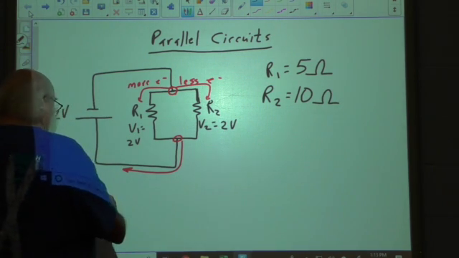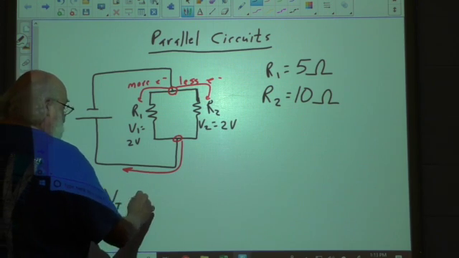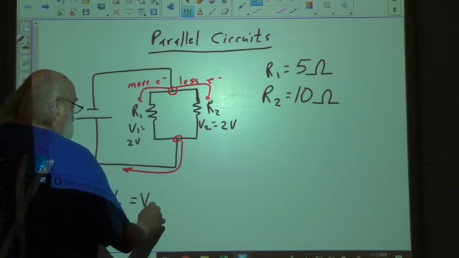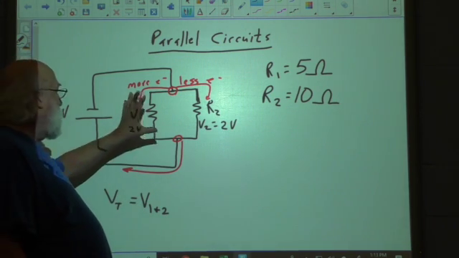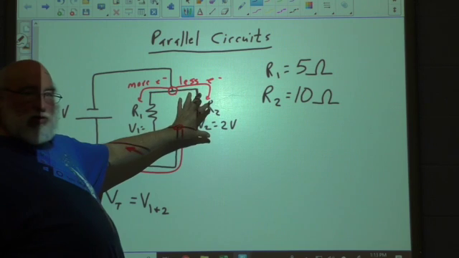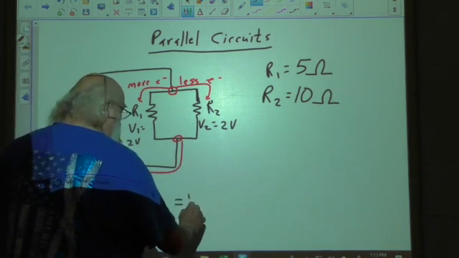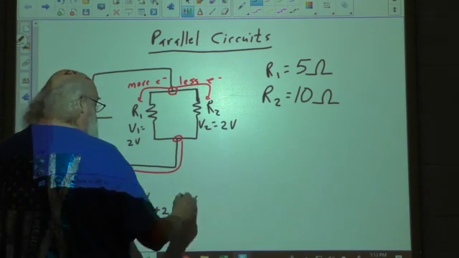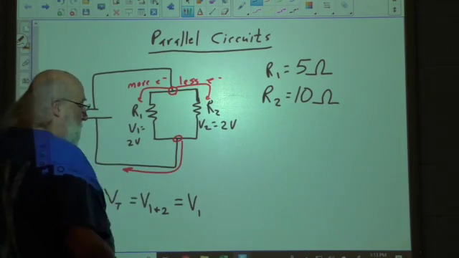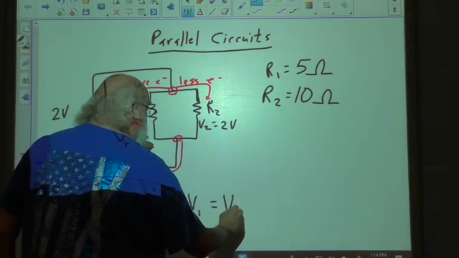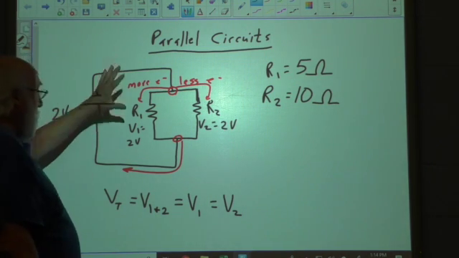For parallel, V total equals V1 and 2, the system of a parallel circuit that we call V1 and 2, and that is equal to the voltage drop. Remember, when we say voltage, we're measuring how much the voltage drops going across this resistor, and that equals V2. Okay? So this is for parallel circuits.